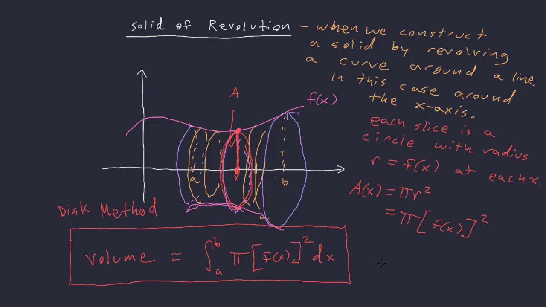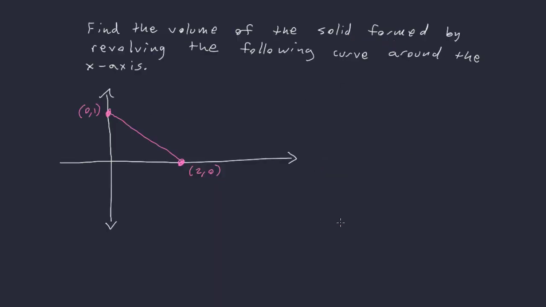All right, so let's look at an example, and I'm going to start with a pretty simple one, just to see if we can actually verify what we have, and we'll just go from there. So let's say we have this f of x here. We want to find the volume of the solid formed by revolving this following curve around the x-axis. Well, this curve is a line.